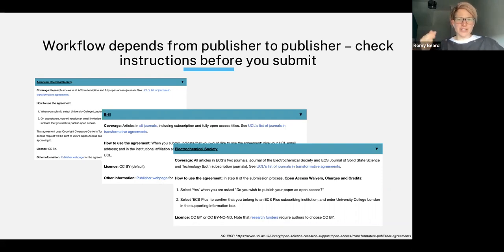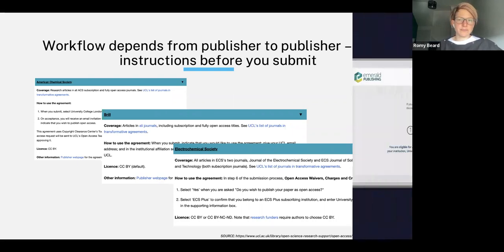First, when you submit, you have to give your institutional affiliation. Some of them you have to redo later after acceptance. You get asked specific questions, and they alert you to how you need to answer that question for the article to go through that open access process. So bear in mind that it's different for each publisher. So look at the instructions once you know where you want to submit.